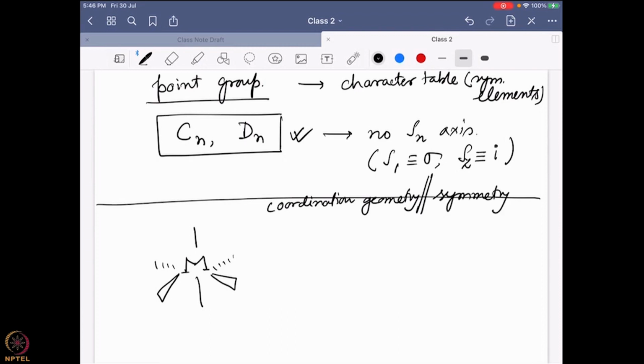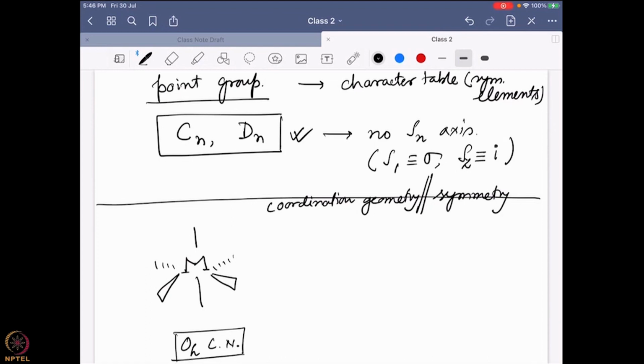Coordination geometry means how many bonds it has and what geometry it has. So if it has 6 bonds in this particular geometry, we say it is an octahedral coordination geometry, but that doesn't mean it is an octahedral symmetry.